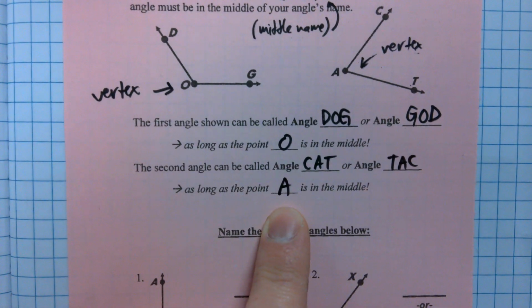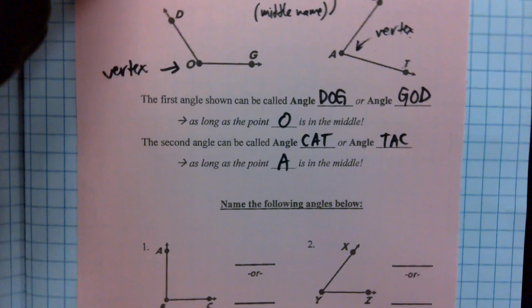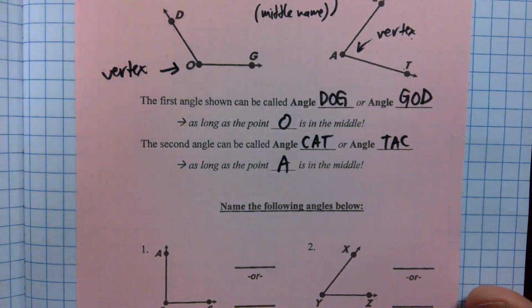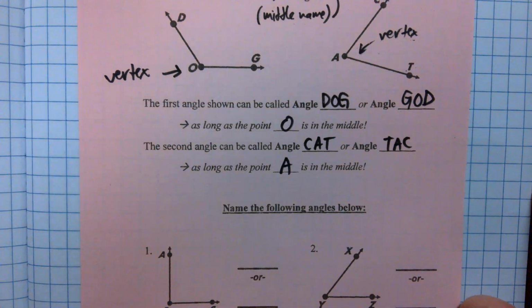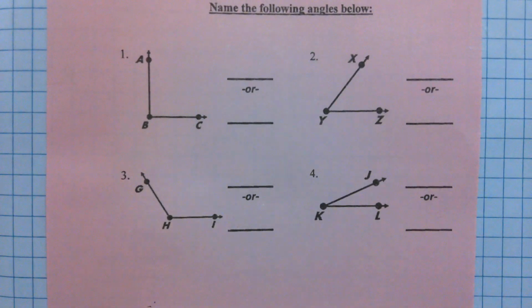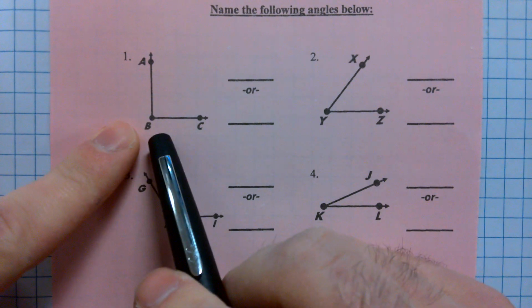Pretty straightforward. Right? Now, they're not always going to be words like cat or dog or god or, I don't know if tac is a word, but tic-tac is a word, I think. Sometimes it'll just be A, B, C, X, Y, Z. As long as your middle point is in the middle, that name is okay. All right? So take a look. For number 1, can I get a volunteer to help me out?